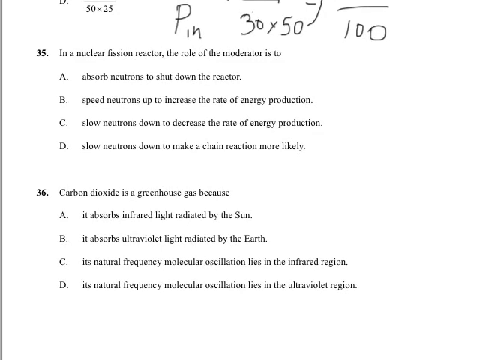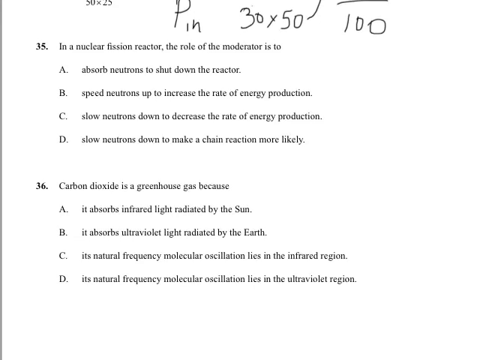In a nuclear fission reactor, the role of the moderator is to absorb neutrons to shut down the reactor. Well, that's not quite. That's too much. If we did that, we'd have no power. Speed neutrons up to increase the rate of energy production. Well, that's not quite, because that seems like an uncontrollable situation.